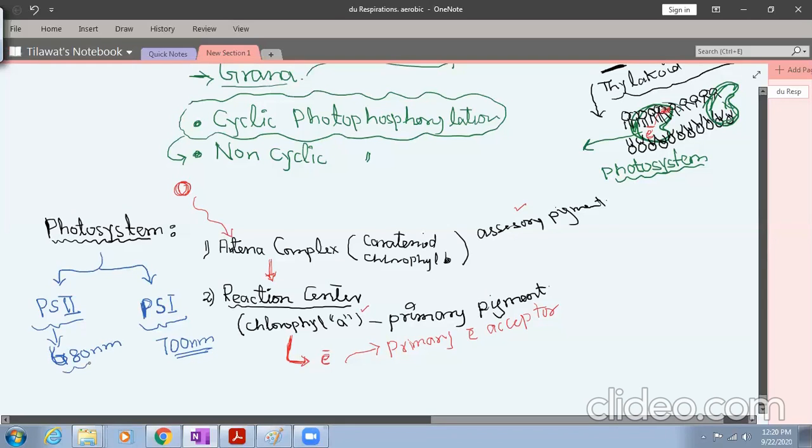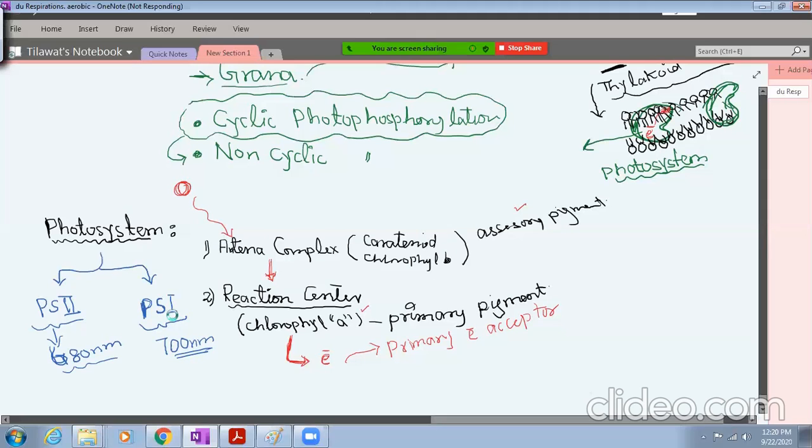So that's why they are different from each other. The basic structure, everything else, is the same.